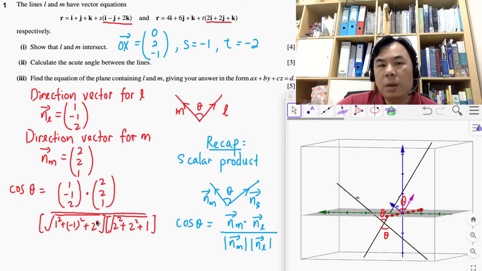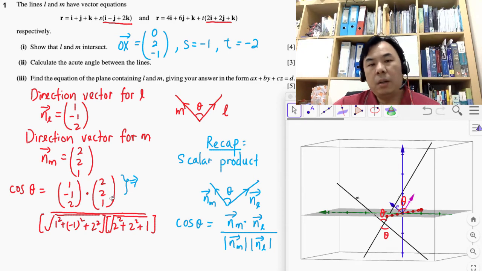Now in terms of the scalar product, I'm going to rewrite it here and perform the working at the side. The scalar product is quite easy to carry out. All we need to do is sum up the products for each element on the rows.